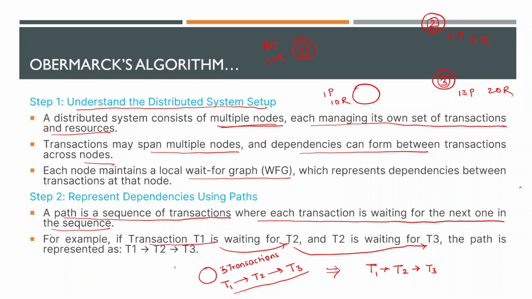But now in this case we have considered the transactions on only one node, but sometimes there might be different nodes and the transactions of one node may depend on the transaction of the other node in the distributed environment. In short, we can say that the transaction which is there on node 1 may depend on the transaction which is there on node 2. So all this type of dependency of the transaction is represented with the help of the paths.